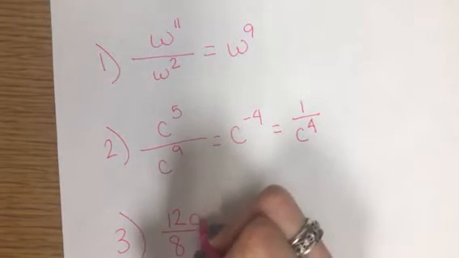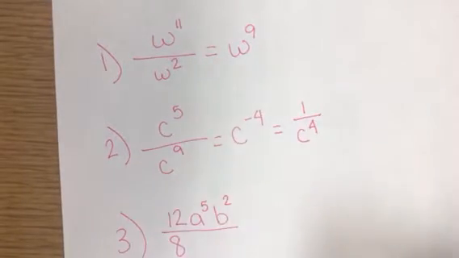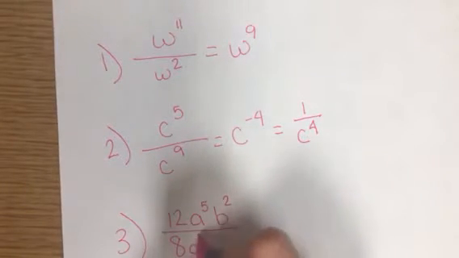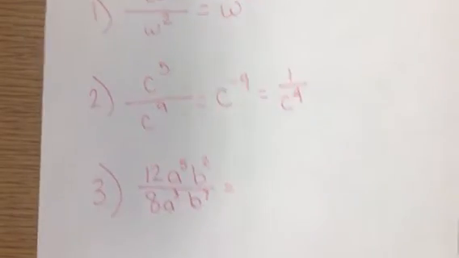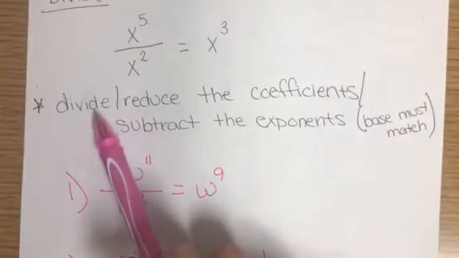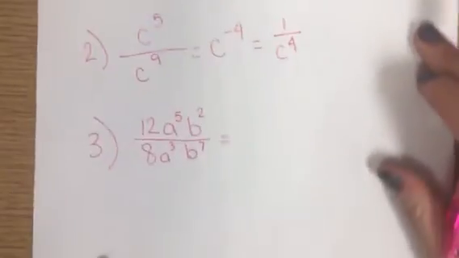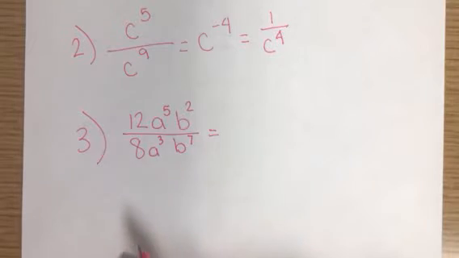So let's say we have 12a to the 5th b squared over 8a to the 3rd b to the 7th. Now we have some coefficients in front, and we said for the coefficients we would need to divide and or reduce them. So your options here are either to know how to reduce a fraction in your head.